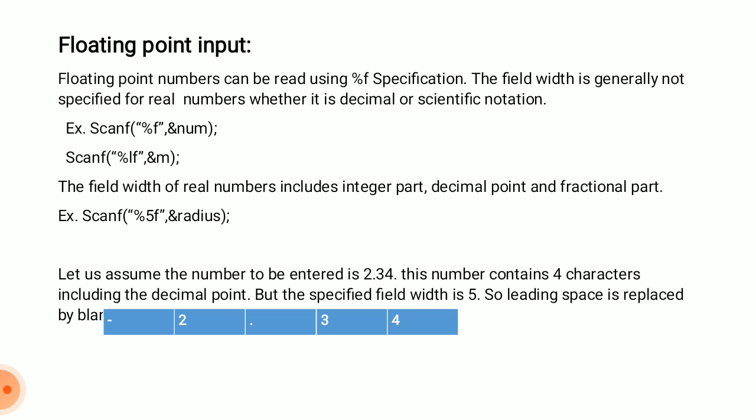So the leading space is replaced by a blank space. We put the numbers with right justification: the last number is 4, then 3, the decimal point, and 2. So one space is left, and that space is filled by a blank space. There is no need to write anything; it is nothing but a blank space.